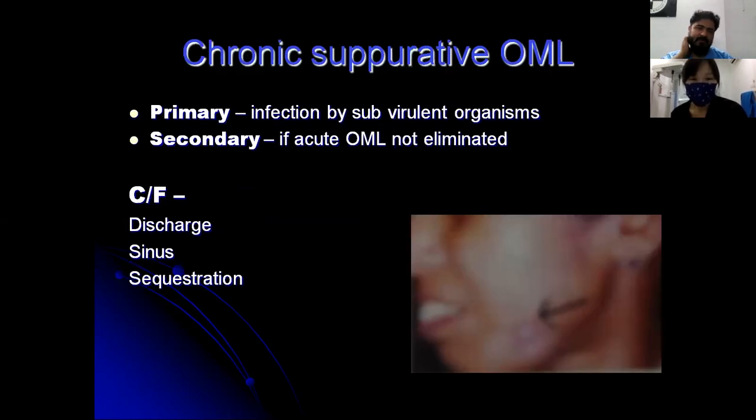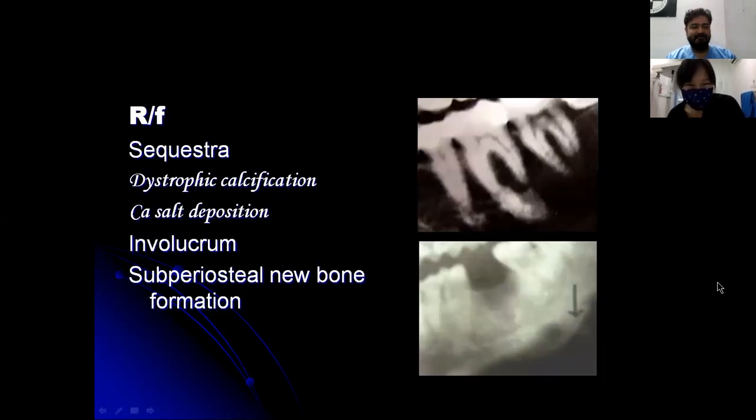In suppurative osteomyelitis, the primary infection is by subvirulent organisms, or secondary if acute OML is not eliminated. So there will be a discharge, sinus, and sequestrum. Please pardon me for the photographs because these were taken with a DSLR and we got scolded for these things. The radiologic features of chronic osteomyelitis are sequestra, involucrum, and new bone formation.